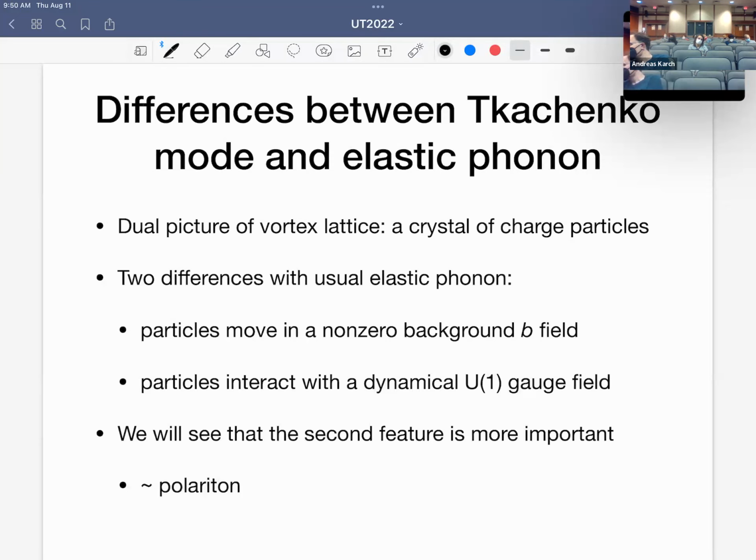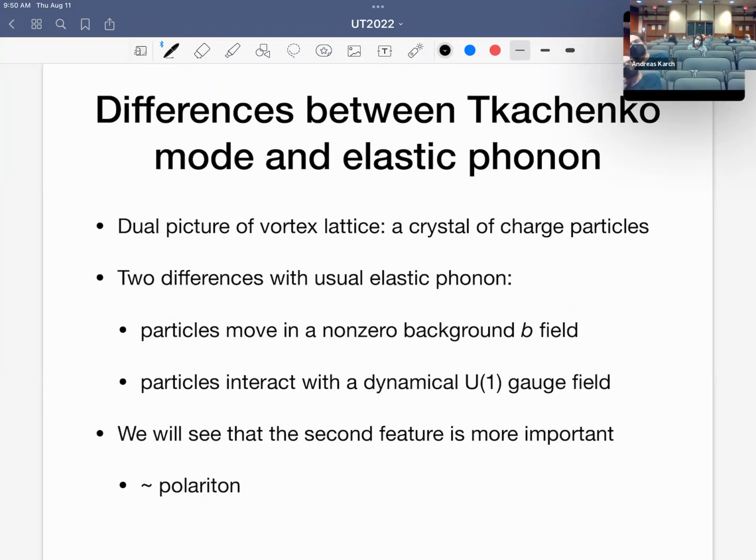Each of the vortices becomes a charge of the dual gauge field, carrying a charge +1 or -1, depending on whether it's a vortex or anti-vortex, and that charge is coupled to an external gauge field. And now we have this lattice, and each of the lattice points has two things that distinguish it from the usual atoms in a solid. So first of all, this particle moves in a non-zero background magnetic field.